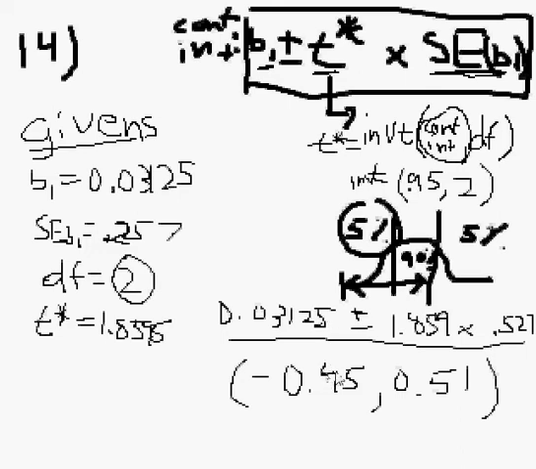What does this negative 0.45 to positive 0.51 mean? That means it crosses 0. Your slope of b1 does cross 0, which means crossing 0 means your slope is 0, and when your slope is 0, nothing has changed, right? This is a slope of 0.